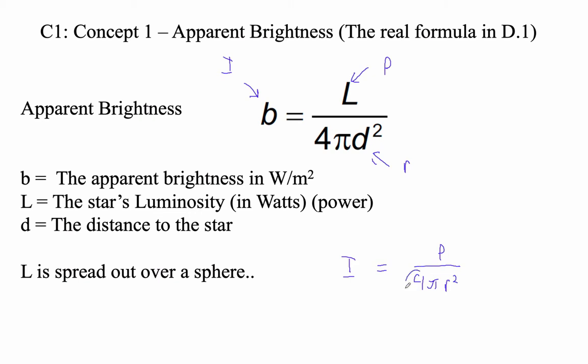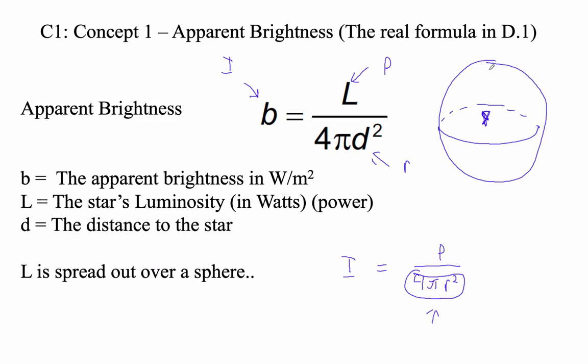Now, if you're paying attention to math, this is the area of a sphere. This is the power output, and this is our intensity. Think about a star that's spreading its energy in all directions equally, and you're standing some distance from it, out on the edge of this circle. Imagine in 3 dimensions that the power is getting spread out over the surface of the sphere.